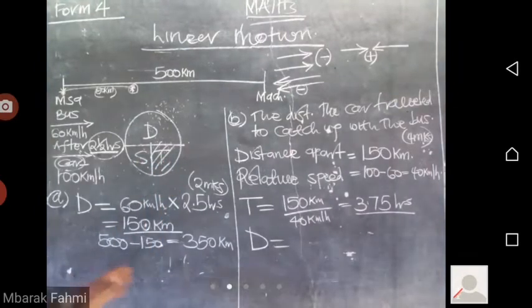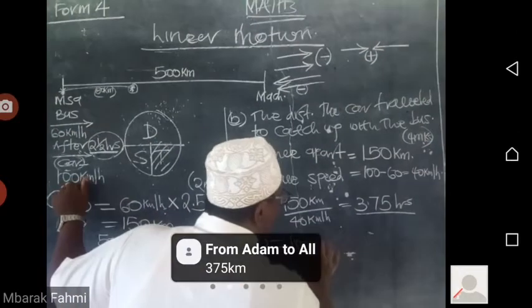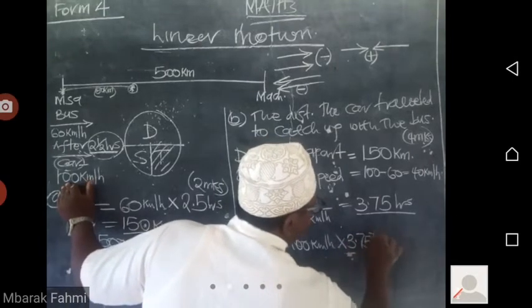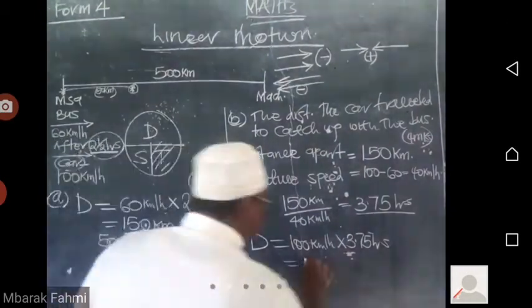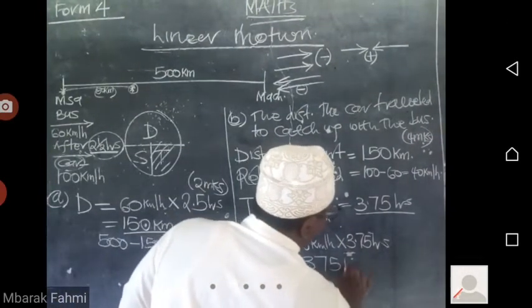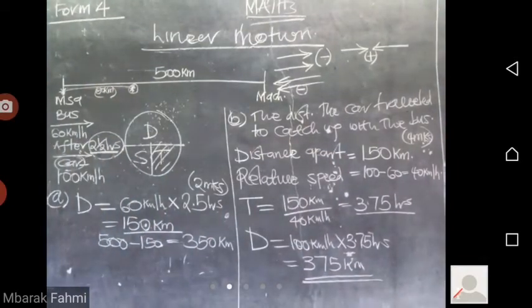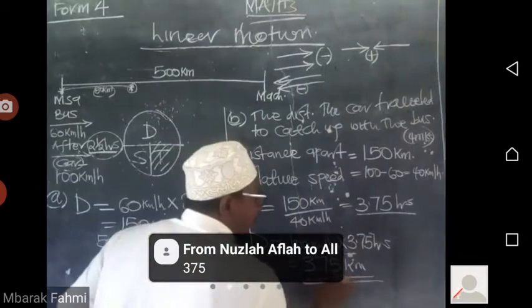The speed the car is moving with is 100 kilometers per hour, multiplied by the time. That is going to give us a total distance of 375 kilometers. So that will be the total distance the car will cover to catch up with the bus.